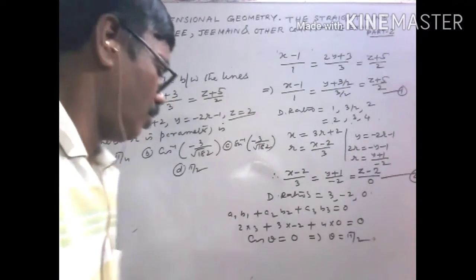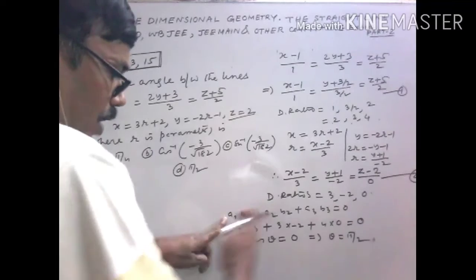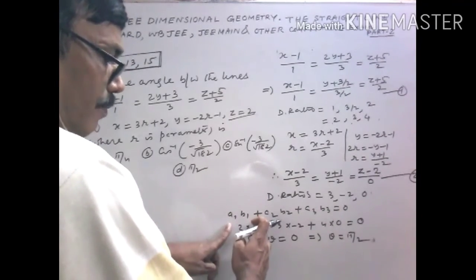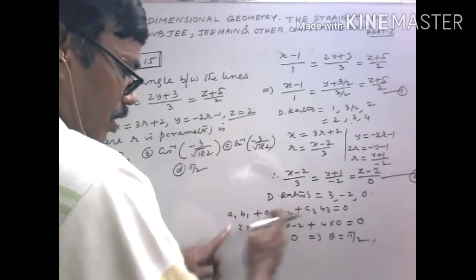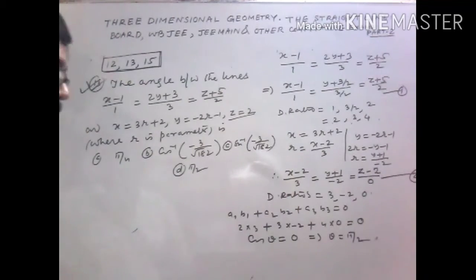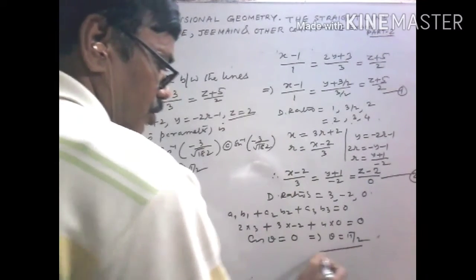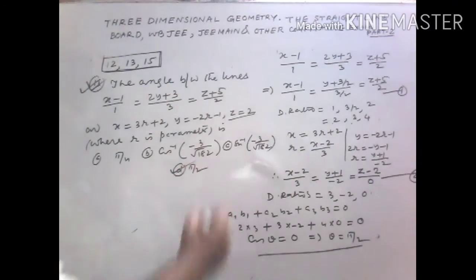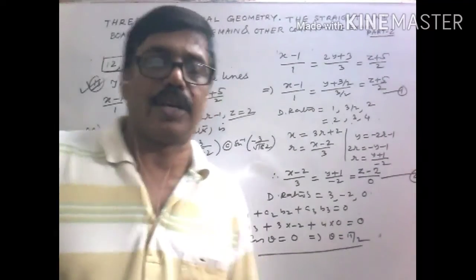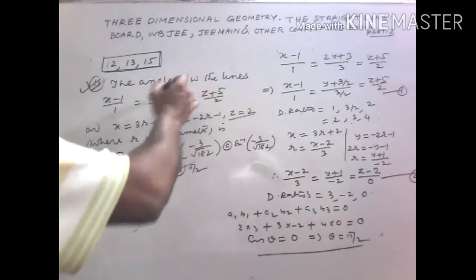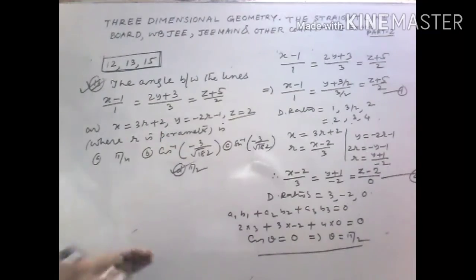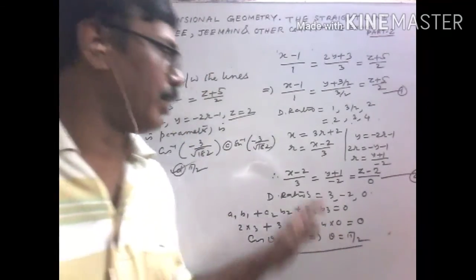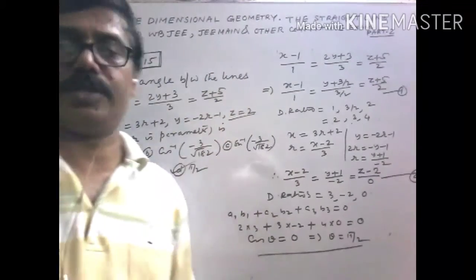The formula for cos theta is this by the root of a1 square plus b1 square plus c1 square, and so on. So this equals 0, so the angle is pi by 2. So option D is correct. So you put it in standard form and find the angle. This is also a problem of JEE Main.